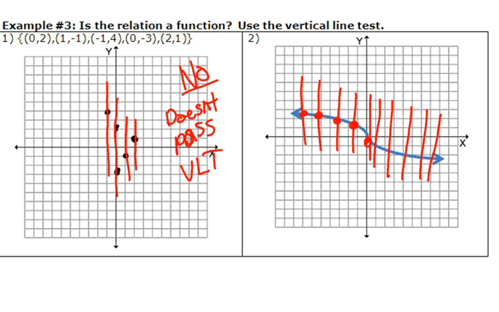So since it only hits my graph in one spot, it is a function. So this is yes, and I would say because it passes the vertical line test. So that is how you tell if a relation is a function. You either look at the mapping and check to make sure that one input equals one output, or you use a vertical line test if you have a graph.